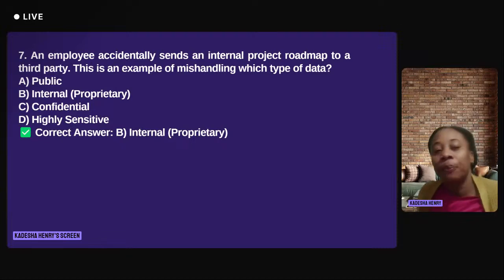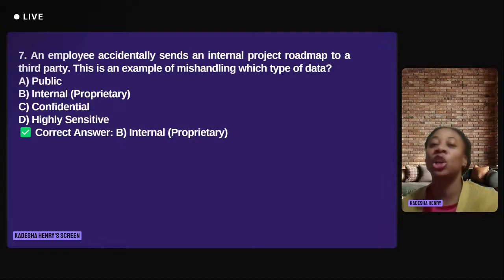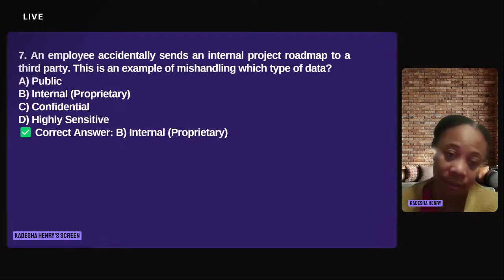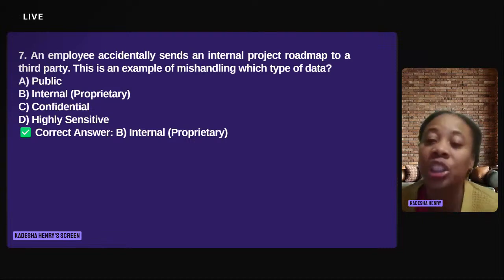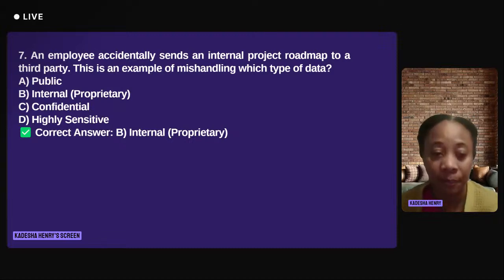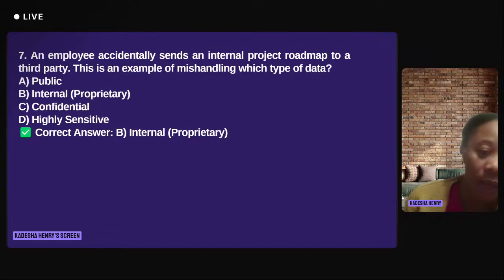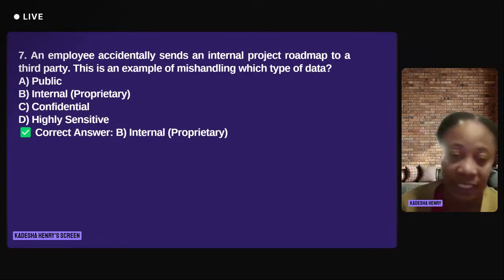Let's move on. An employee accidentally sent an internal project roadmap to a third party. This is an example of mishandling which type of data? A, public, B, internal, C, confidential, D, highly sensitive.